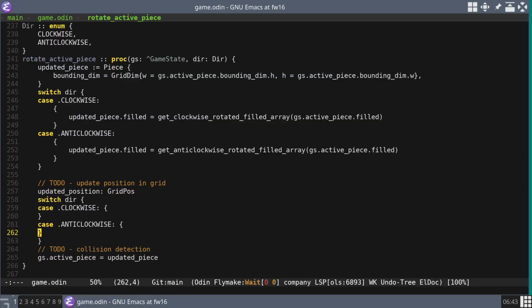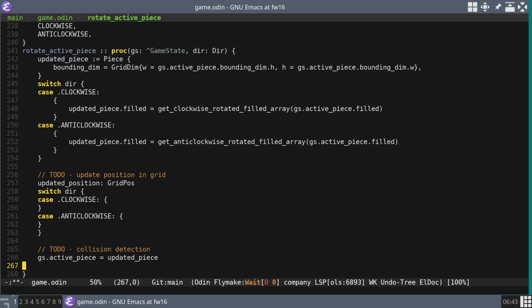Both of these should set updated position, basically. And we get down here, and if collision detection passes, we update our active piece position to be updated position. That makes sense. That sounds good.